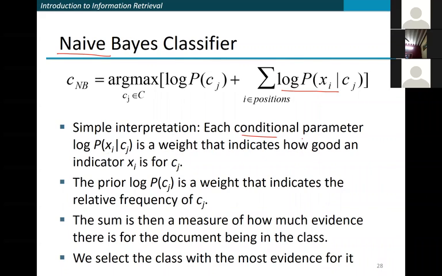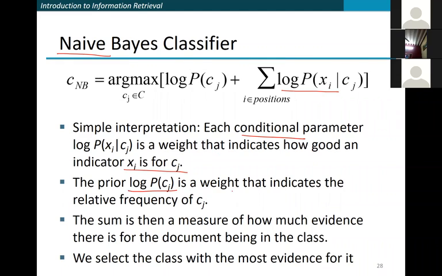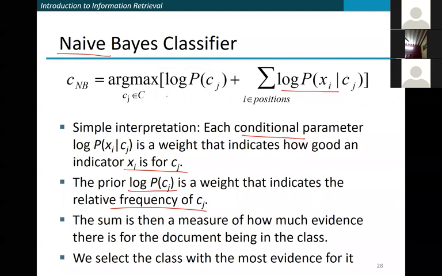Each conditional parameter, the probability of that word being present in that class, is a weight that indicates how good an indicator xi is for Cj. The prior is the weight that indicates the relative frequency of Cj, that is, the chance that a document can belong to that class. Overall this gives the naive Bayesian classifier.